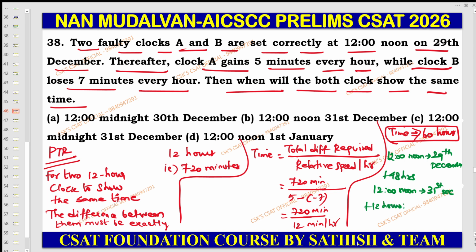Now if you move this, what would happen? Plus 12, if you add it to the noon, it becomes 12 a.m. That 12 a.m. is nothing but the midnight.